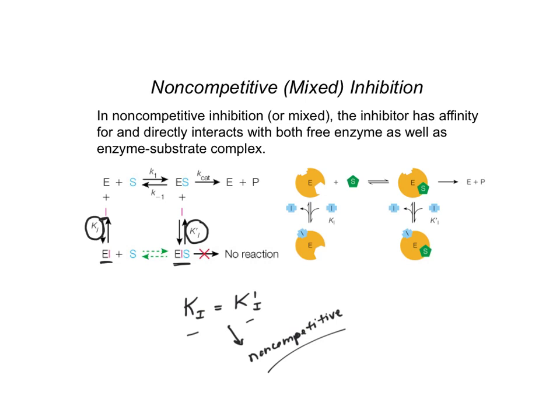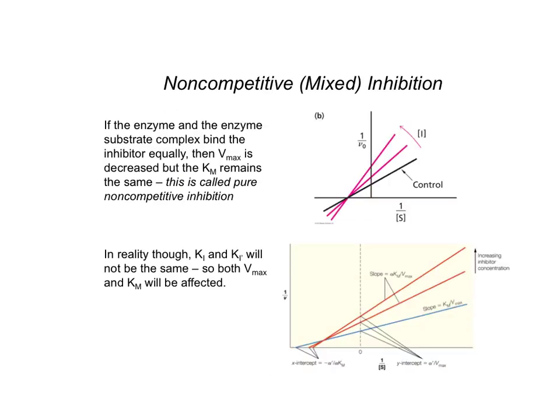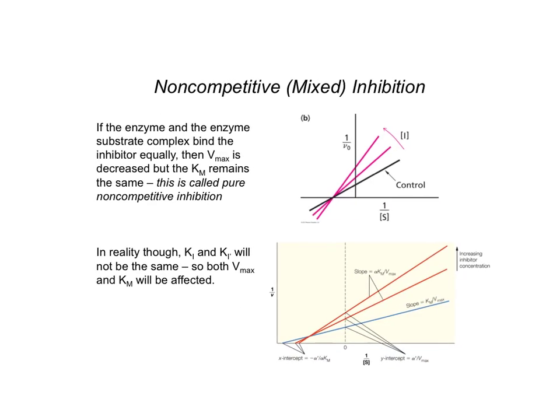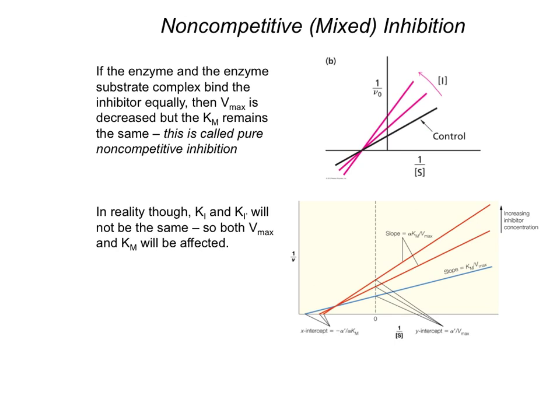Okay, so how is this going to manifest itself? How is this mixed inhibition going to affect our Lineweaver-Burk plots as well as our Michaelis-Menten kinetics? Okay, so what's going to happen is our apparent Vmax, so the Vmax in the presence of inhibitor, is essentially going to be reduced by some sort of factor alpha.